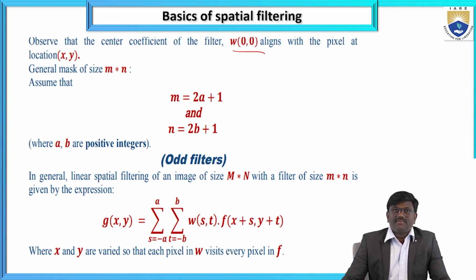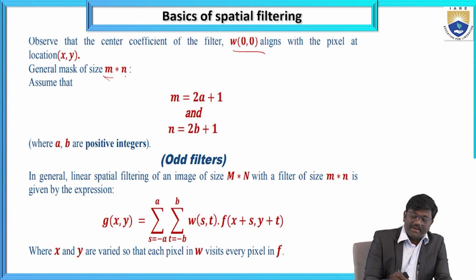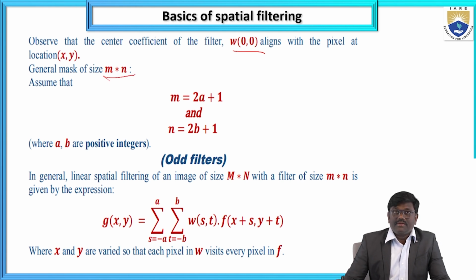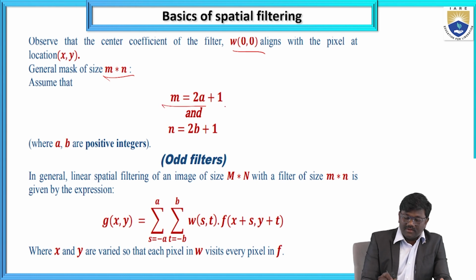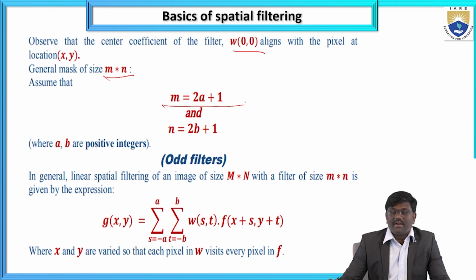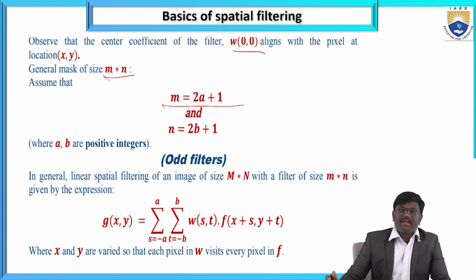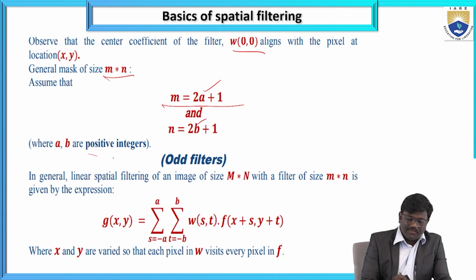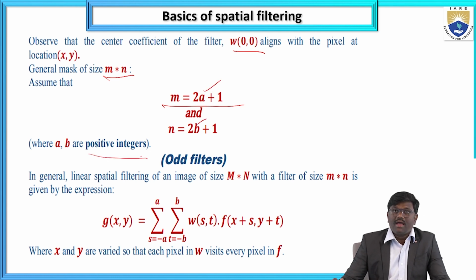Generally, the mask is represented as a matrix of size m by n, where m is 2a plus 1 and n is 2b plus 1, where a comma b are positive integers that help us define the filtering process in terms of a general mask size.